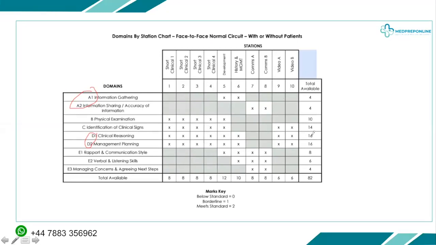The highest domain here is clinical reasoning and management planning. Then identification of the clinical signs also has very high marks. However, we cannot ignore the marks that communication style, rapport, listening skills and verbal skills carry. So this is the total exam marks.